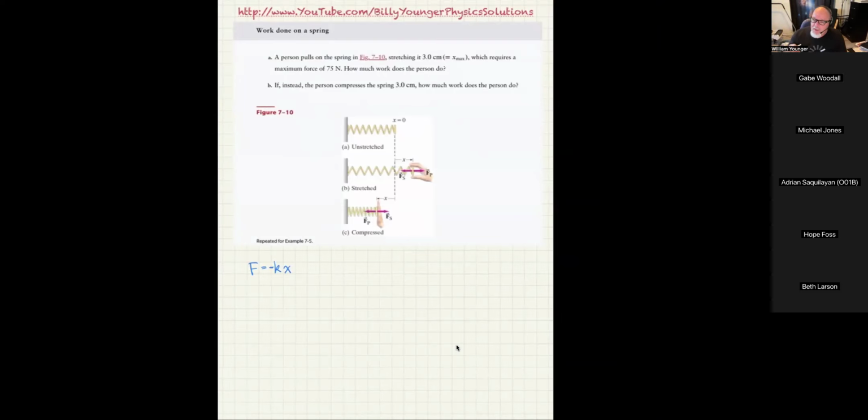So, for instance, if you're pushing to the left on a spring, you could actually be compressing the spring, going in the negative x direction. The force will actually point in the positive x direction. So that's why the negative sign is there. That's called Hooke's law.